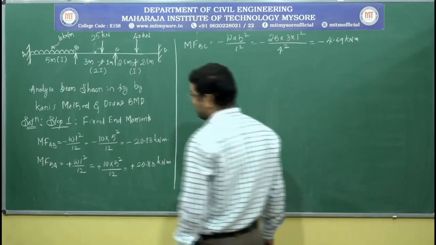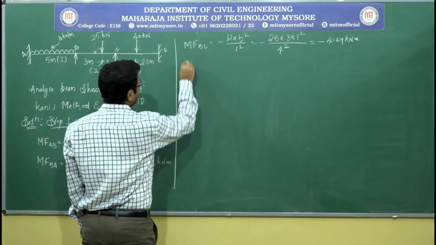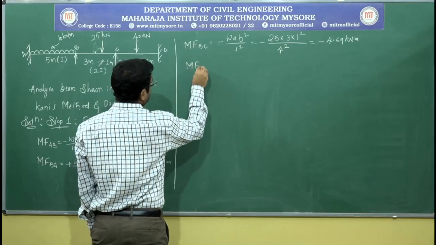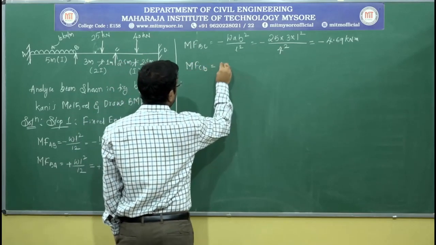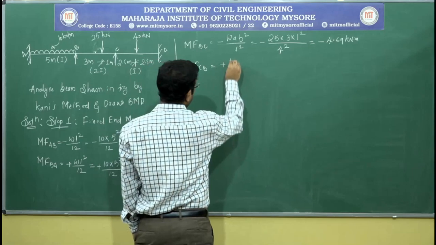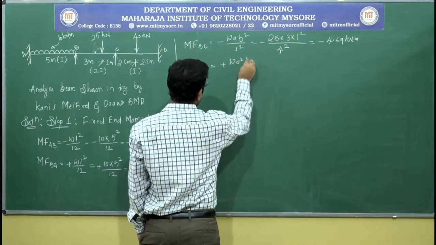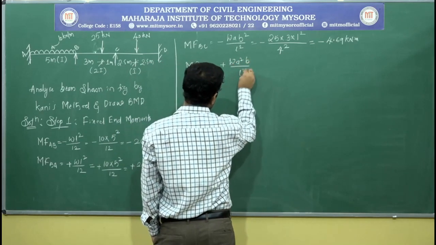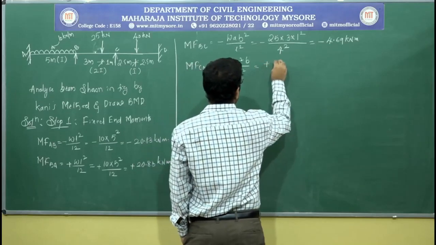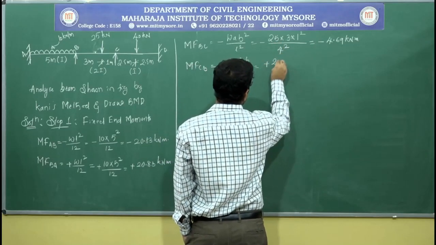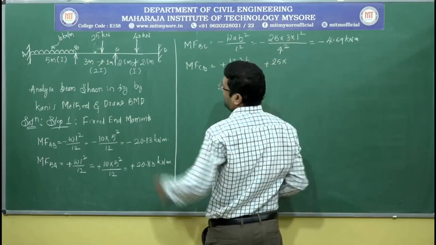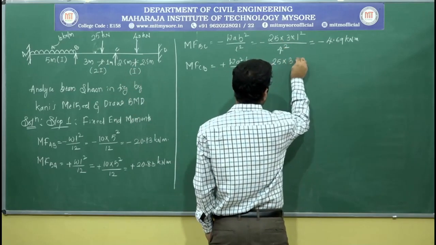Similarly, we need to work out one more fixed end moment for the same span, that is MFCB. MFCB is equals to plus W A square B by L square. So here plus the load is 25 into A, A will remain same, that is 3.